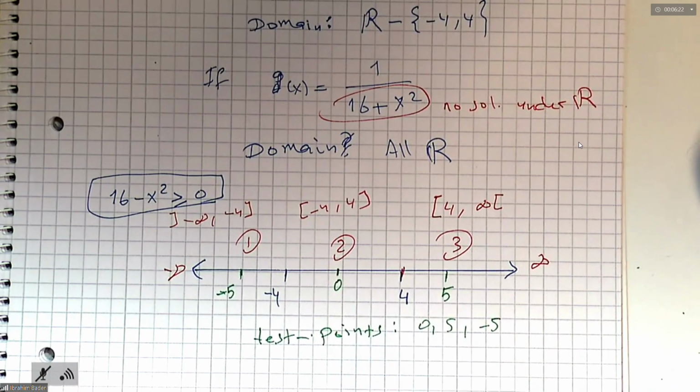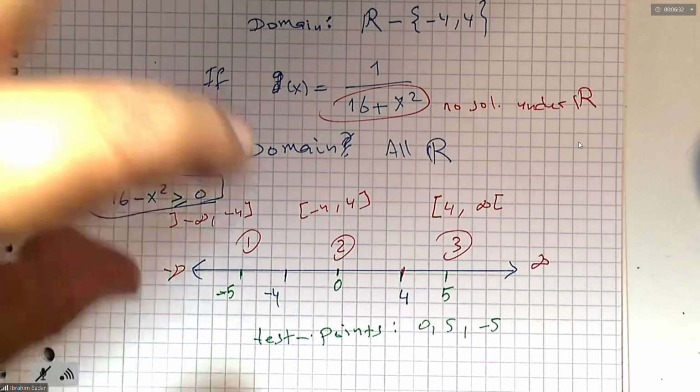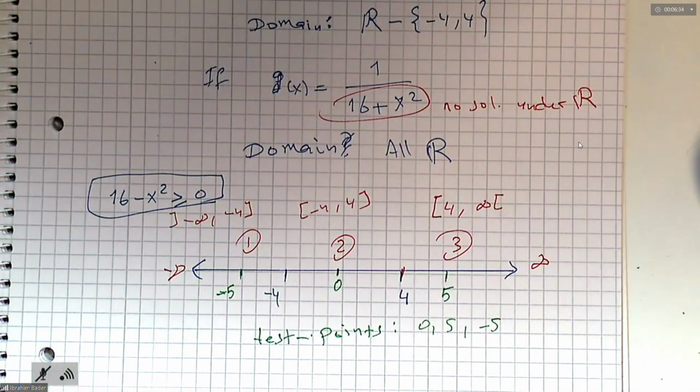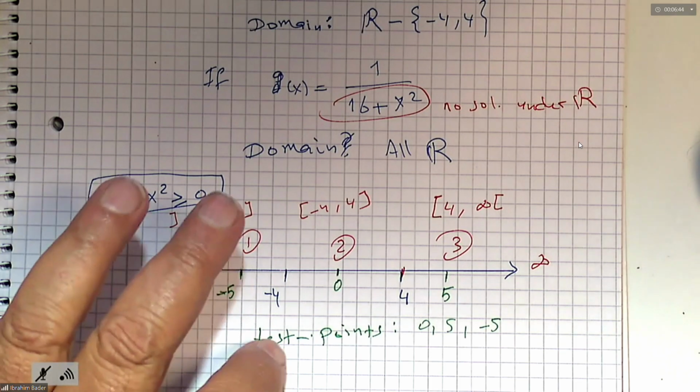And now, because I have continuity here, ultimately this is a parabola, a polynomial, so I have continuity. Whatever applies for this test point will be valid for the interval where I picked this test point. You can assume this is granted because you have continuity. Now, what does that mean, these test points?